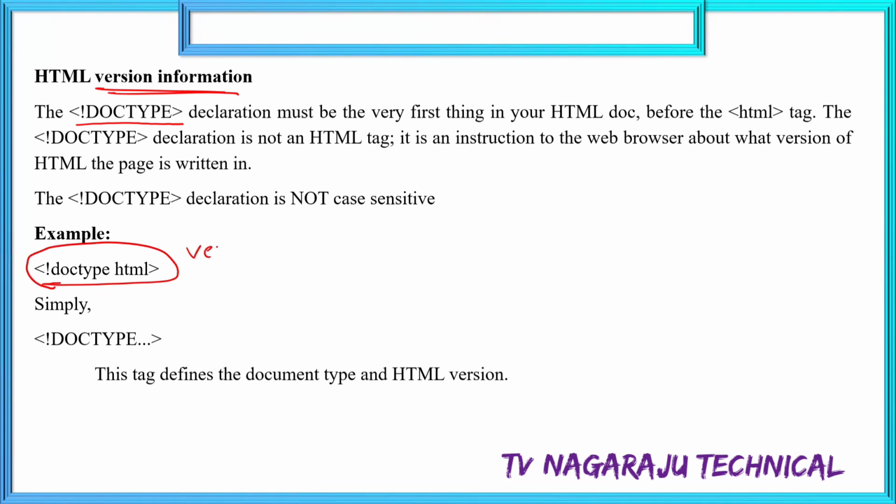This will give the version you are using, either uppercase or lowercase, not a problem. So doctype says this is an HTML document, and which version of HTML you are using.